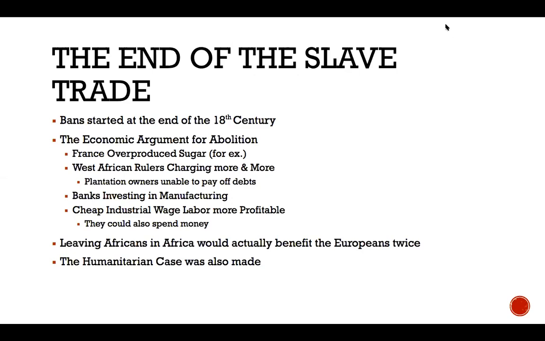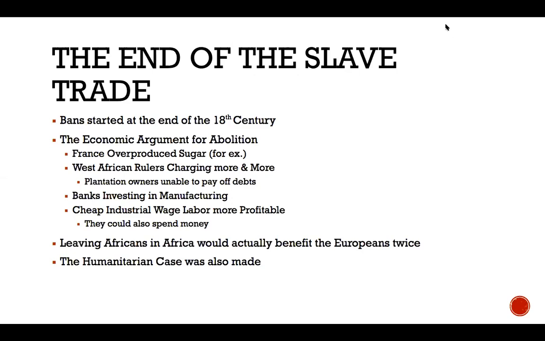Because the plantation owners were paying more and more for slaves, they were unable to pay off their debts to the banks, and the banks were starting to shy away from that. Furthermore, because the European banks were not getting paid, they started investing in a nascent industrial era, right?